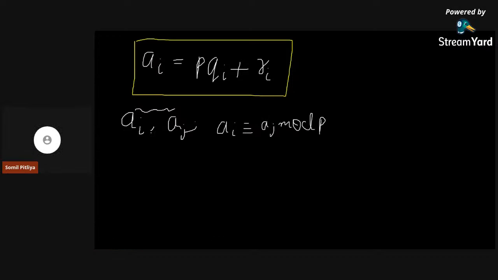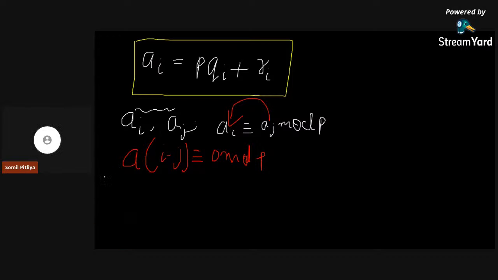My AI is A into I, and this is A into J. So can I transfer that to my LHS and get A into (I minus J)? This thing is congruent to 0 modulo P.